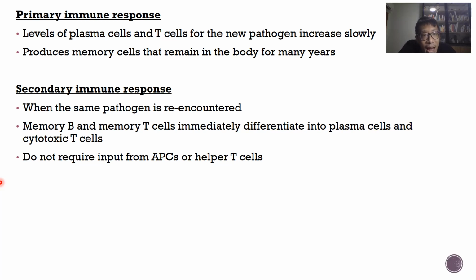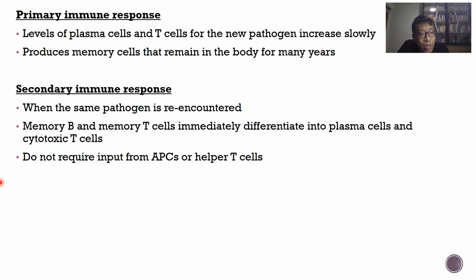So for the memory B cells, there will be the plasma cells. For the memory T cells, there will be both the helper and cytotoxic T cells. And this differentiation, this activation does not require the antigen presentation by the antigen presenting cells, nor is there a need for cytokines from activated helper T cells.